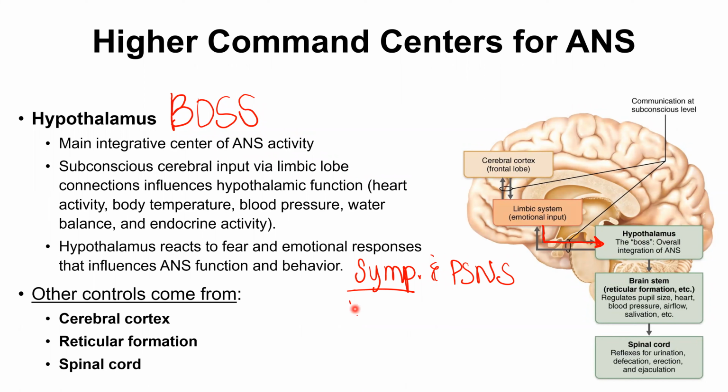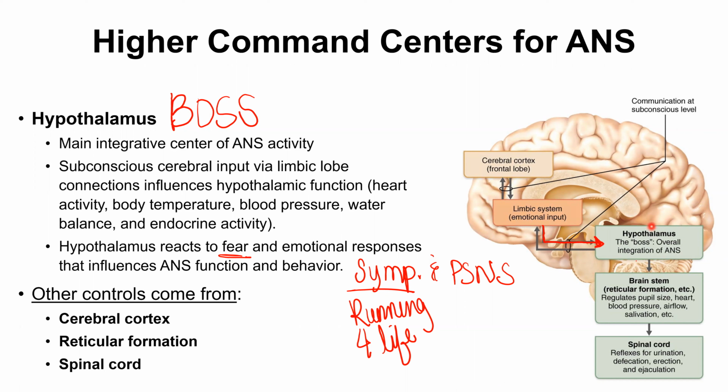If you are, for example, running for your life, that would be a fear-induced response. So this emotion that you're feeling is going to send information to the hypothalamus, letting it know that you're in a situation where you're running for your life.